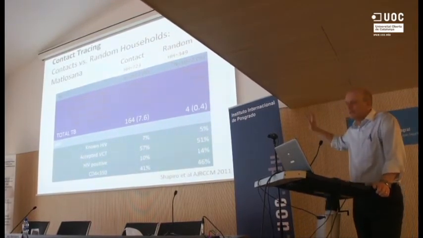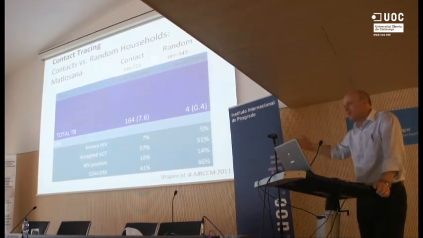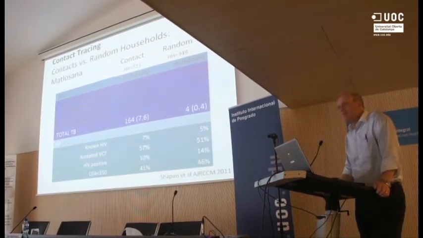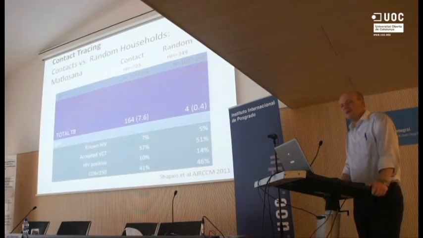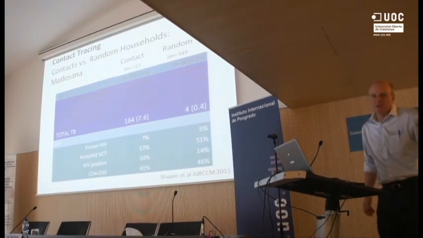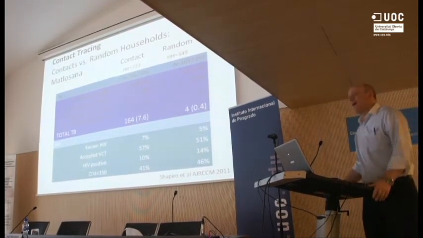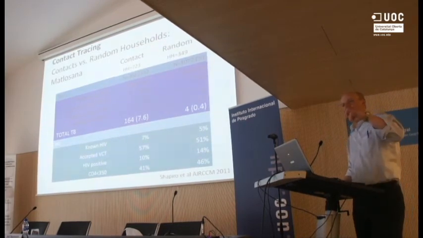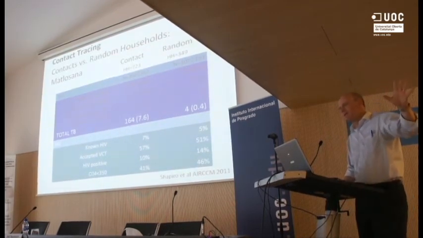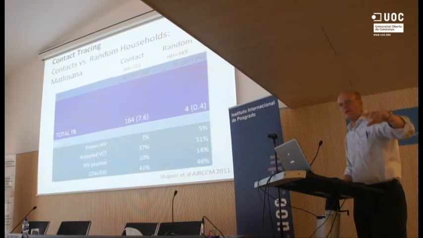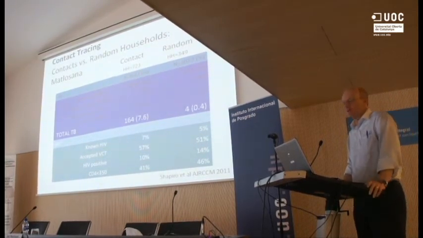So 0.4 is still a relatively high figure in the European sense, but compared to the index cases, it does appear that targeting households by virtue of the fact that they've had an index case diagnosed in the health system may be a way to identify either transmitters of TB and or other people who have TB in the household.